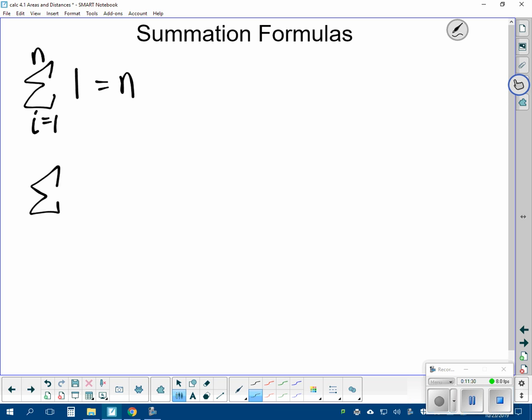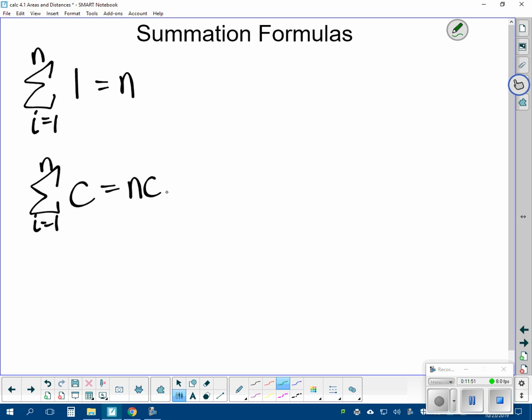If you have the sum from i equals 1 to n of c, where c again is a constant, it would be n times c. So if this was a 2, you'd be adding 2 plus 2 plus 2 plus 2 plus 2 n times.